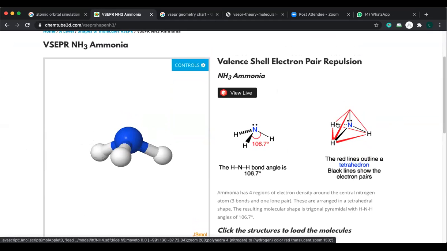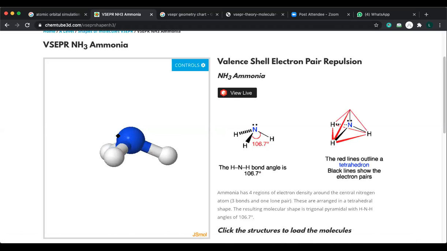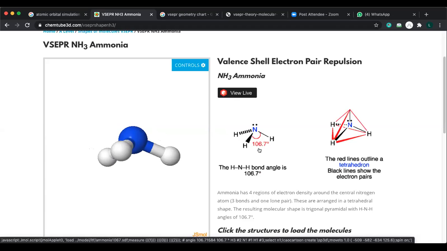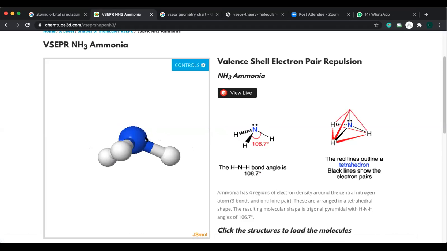But because there are 3 bond pairs, nitrogen connected to 3 hydrogens, it takes on a pyramidal shape. And you can see the bond angle: in the original tetrahedron it was 109.5 degrees, but it's less. Because the lone pair is pushing all the electrons down, this has become 106.7 degrees, less than the normal tetrahedron angle.